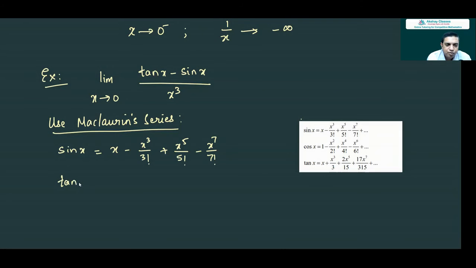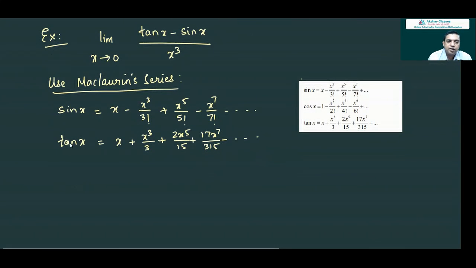We don't have to go that far. Up to x cube we have to see. Tan x is x plus x cube by 3 plus 2x power 5 by 15. Sufficient. We don't have to go further than that. However, we have the series here, so I'm doing it.